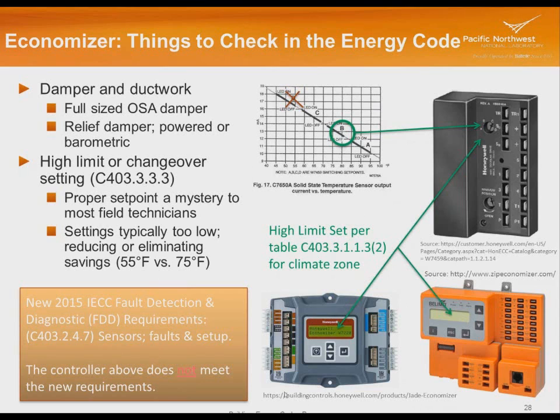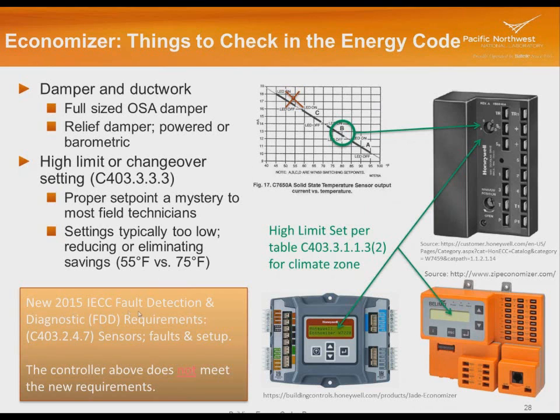That setting on the newer direct digital control units shows up right on the screen. You can walk through the settings or have the contractor do that and point out, oh yeah, it's set at 75, that's what it's supposed to be. In fact, this right-hand unit, you put in the zip code and it automatically sets it according to the code table. So that's a pretty nifty feature that is automatically keeping the unit in compliance with the code.